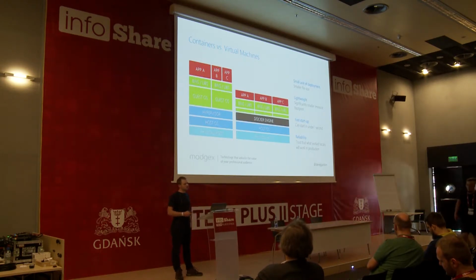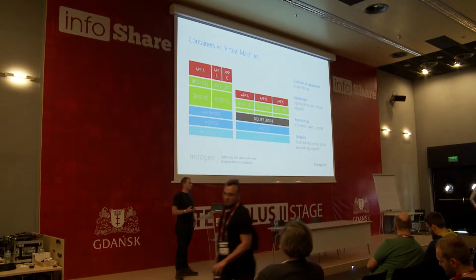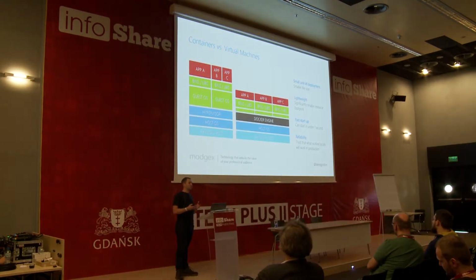And then finally, you get reliability from Docker images, because Docker images are immutable. So you define in a file what you want to install into that image, and you build it. And once you've built that image, no one can go in and change it. And one of the key benefits is then you can deploy that to any environment, and you know it's going to run in the same way as it did in your development environment or wherever else you've chosen to run that image.